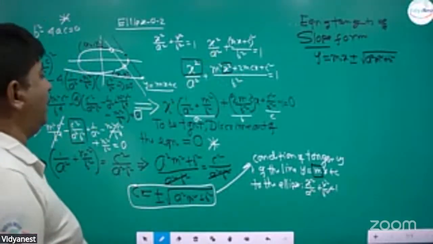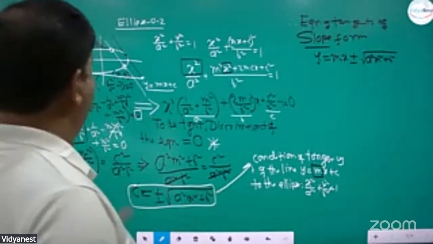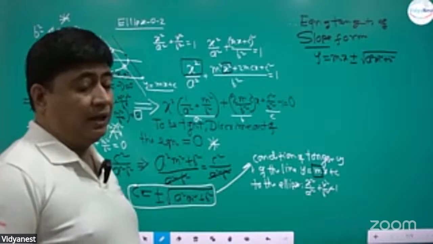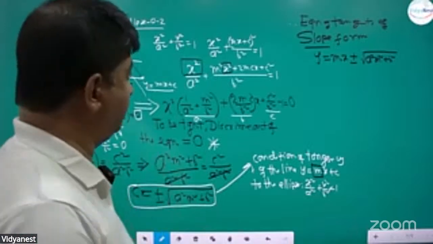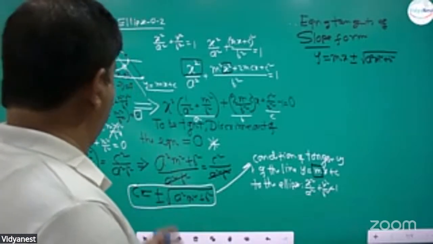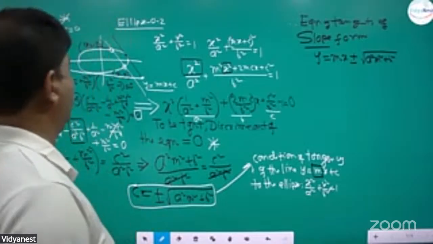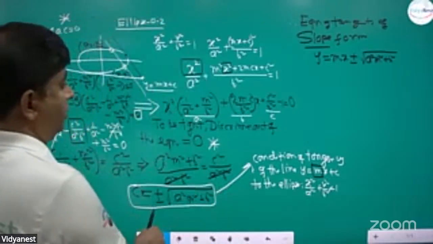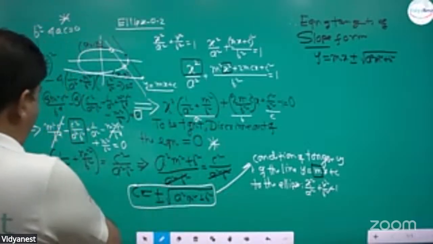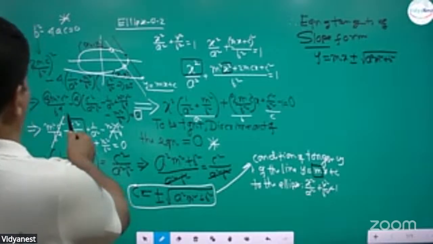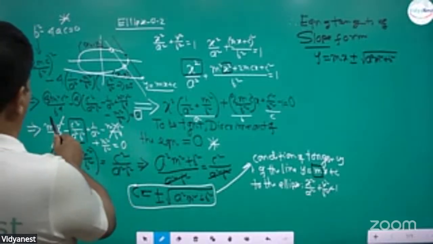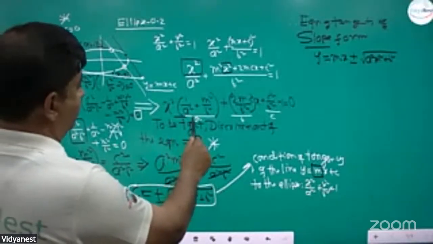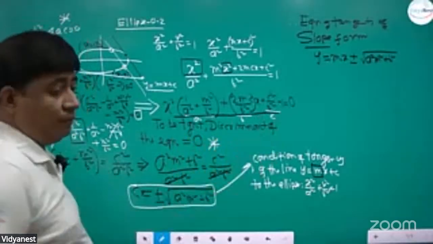Now, once you get the equation of the tangent, one question will arise. What is that? That is the point of contact. How to find this point of contact? See, that value of C will be placed in this quadratic equation.